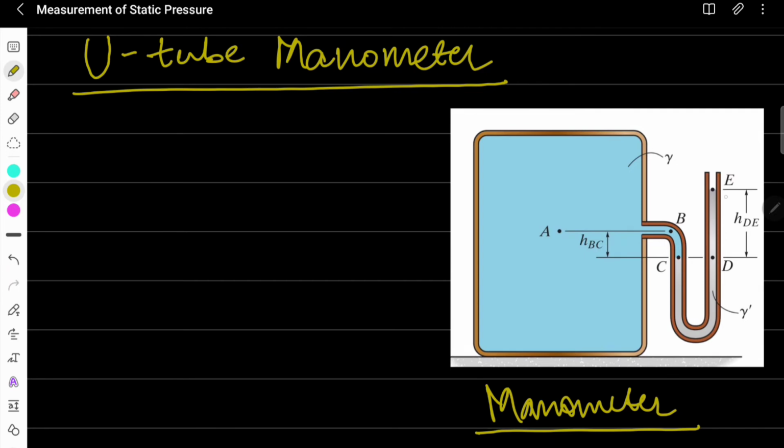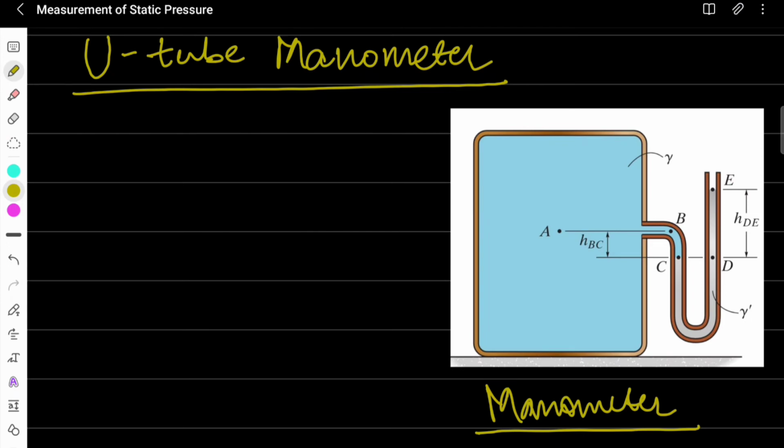Now in this U-shaped tube, in order to measure a very high gauge pressure, we fill up another liquid having a higher density, which is gamma dash. Usually this gamma dash filled in the tube is mercury. And you can see that point E is open to the atmospheric pressure. So pressure at E will be atmospheric, and using this device we can measure the pressure at point A.